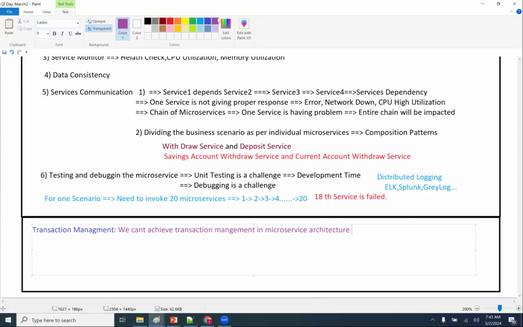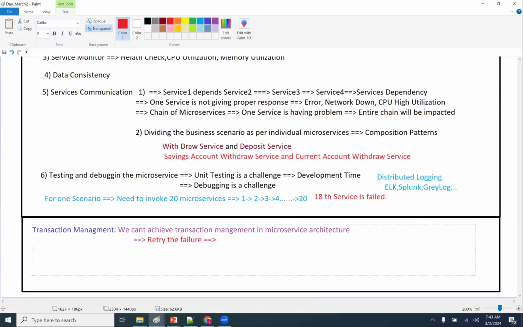Why, all those things we'll discuss further in the saga design pattern. But what microservices are telling me here is retry mechanism. Retry. What do you mean by retry? Retry the failure.